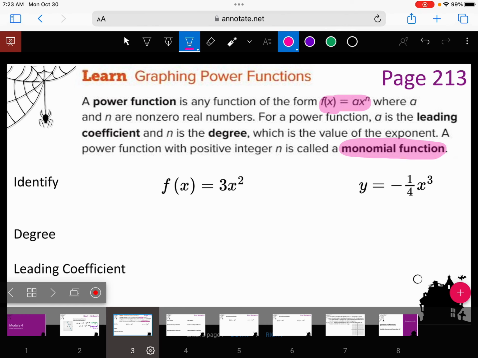So a monomial has one of the pieces we use to build an equation. It has one term. And it can have numbers or letters or both as long as they're all multiplied together. So a monomial is a set of things multiplied together. We usually use a series of monomials to build binomials, trinomials, or polynomials, which is what our chapter is going to be about. Polynomials. Yes, dear?